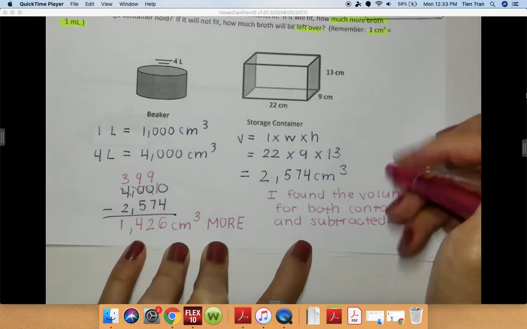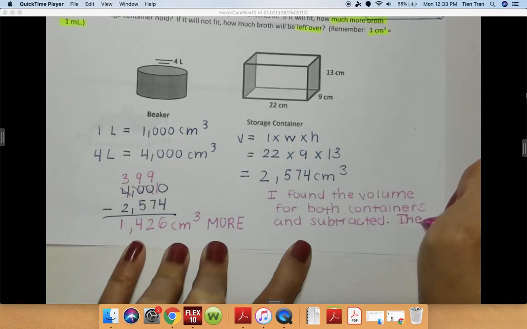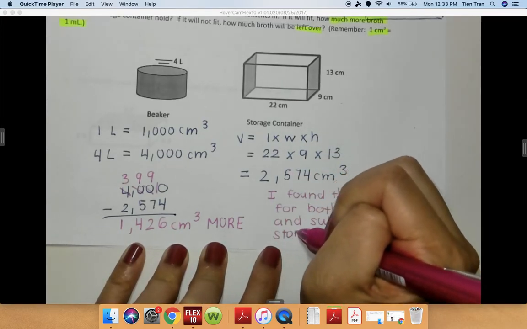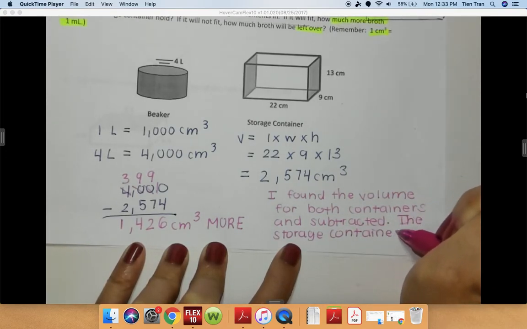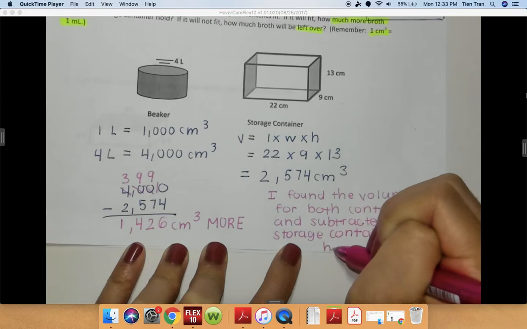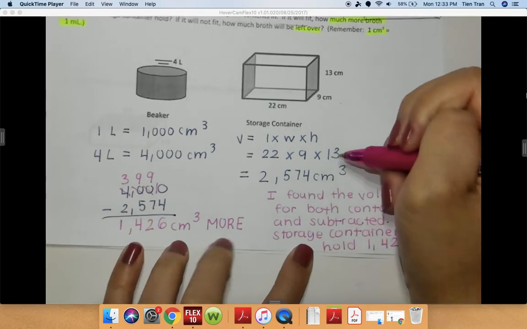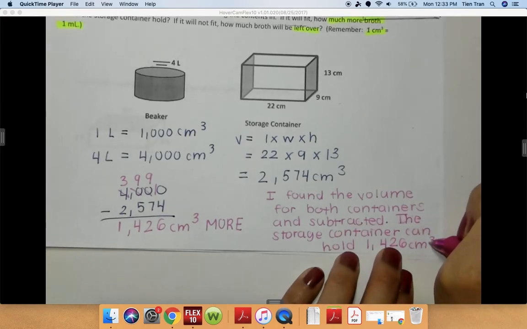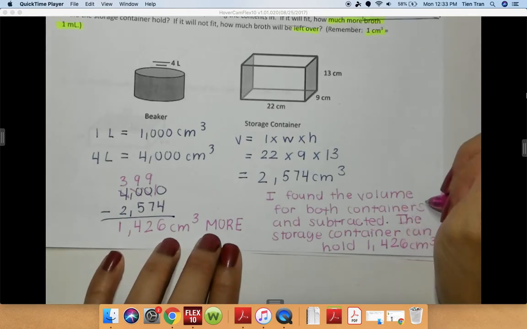The storage container can hold 1,426 centimeters cubed more. I don't have room to write more, so that's what I'm going to keep it as.